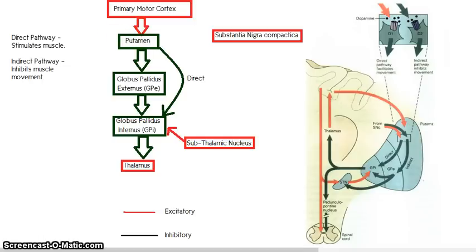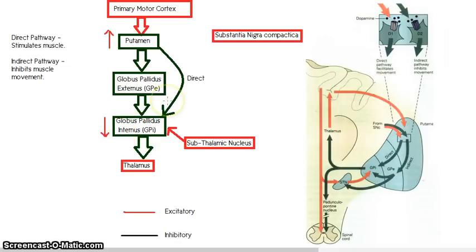This increases its activity, so I'm going to put an arrow up right here. Increasing the putamen's activity increases the inhibition of the globus pallidus internus, so it's going to decrease the activity of this nuclei.